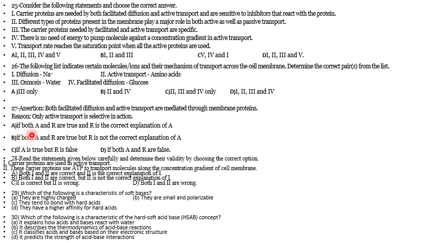A. If both A and R are true and R is the correct explanation of A. Number B. Both A and R are true but R is not the correct explanation of A. Number C, number D.